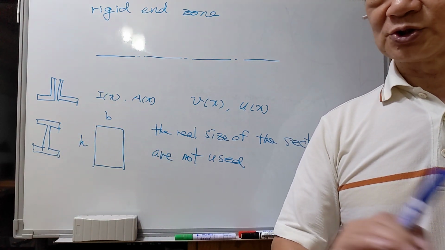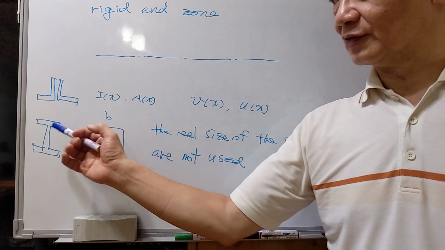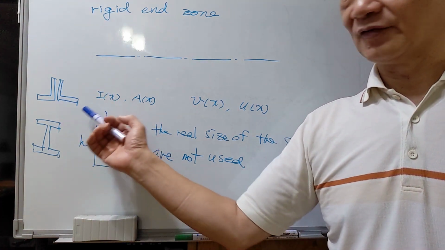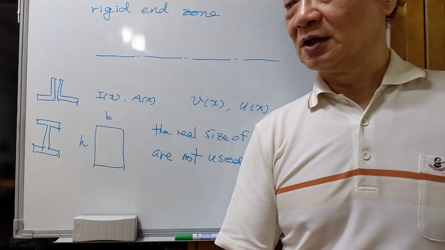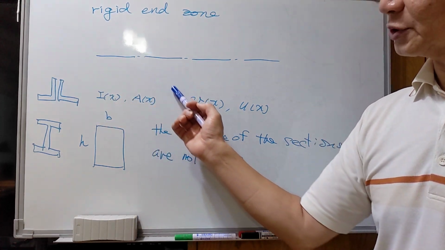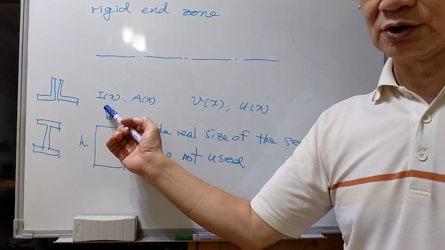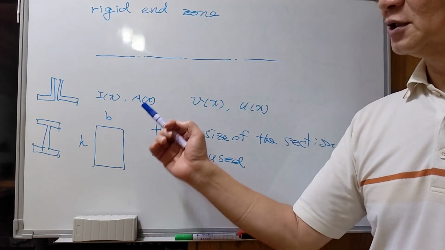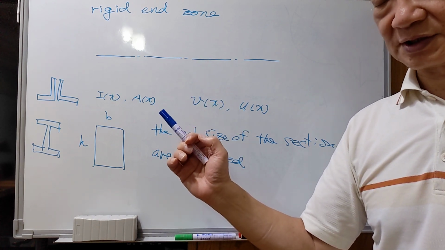Also, we don't restrict what kind of cross section we like to consider. The only thing we require is that the users need to know the moment of inertia of the cross section and the sectional area of the cross section.